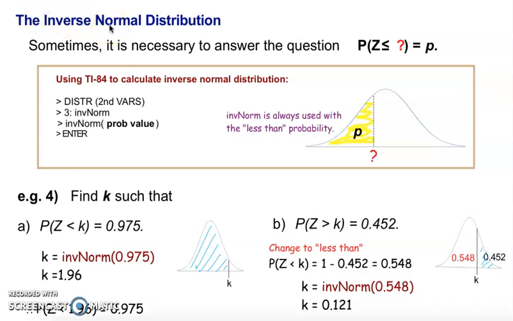Instead of the probability being given to us, we want to find where we can locate the position that gives us that probability, and what that means in the context of a problem. So the question we're trying to answer is the probability of Z less than or equal to question mark equals P.